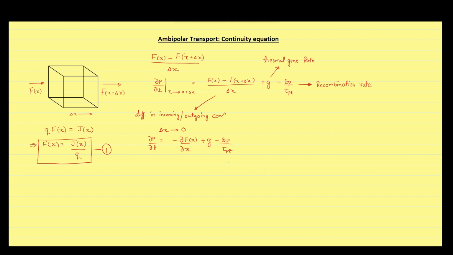We came to this equation because we know that the differentiation of a function of x with respect to x can be written as follows. Now, if we put the first equation, which relates the flux density with current density, into the continuity equation, then we will get the following.